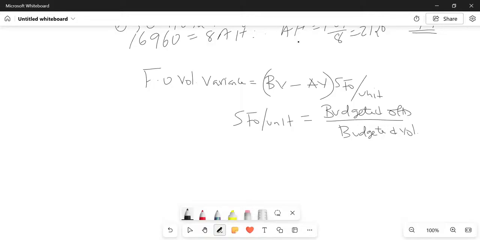So actually this is given to us. Standard fixed overheads per unit, we have 50 there. Could you be very kind to give me the fixed overhead volume variance, which is given there? It is $750 favorable, so minus 750.